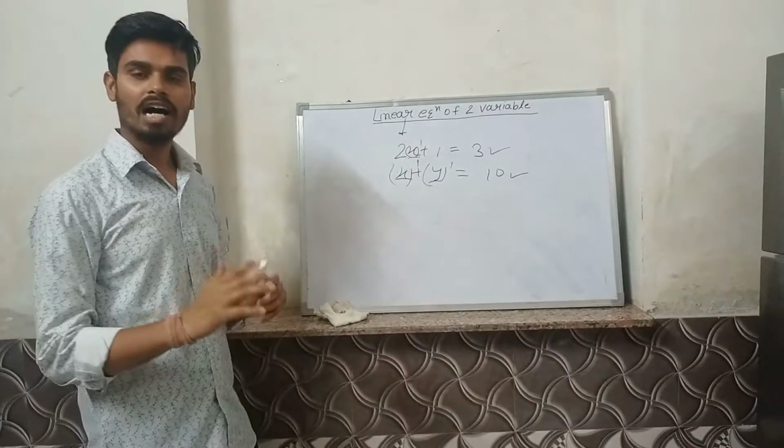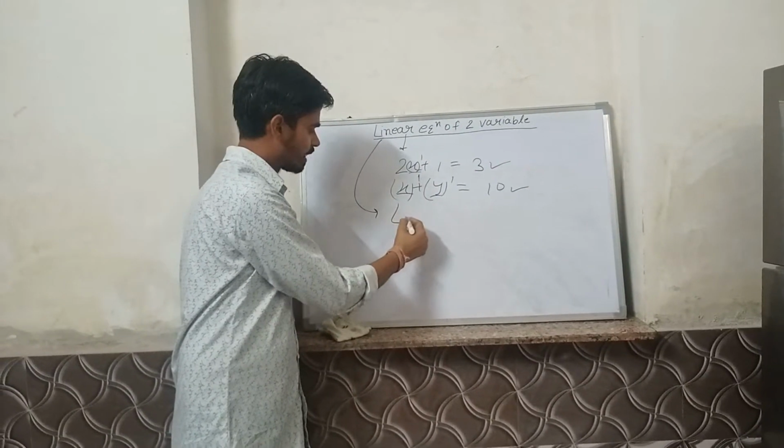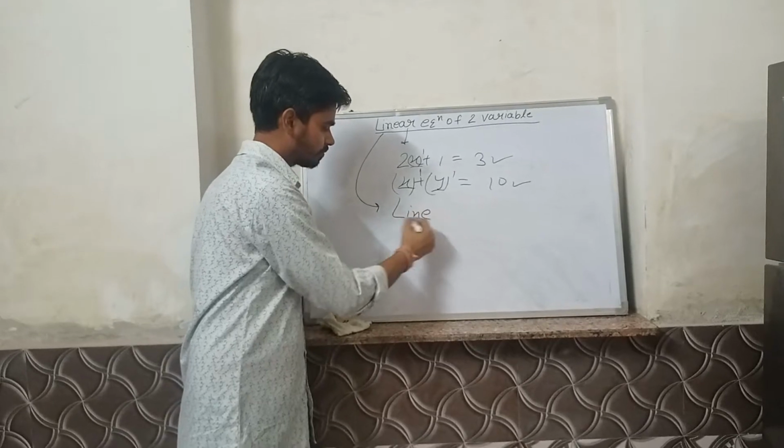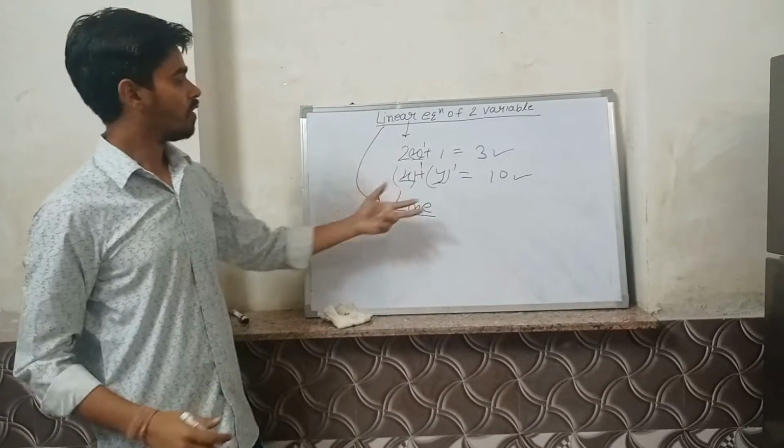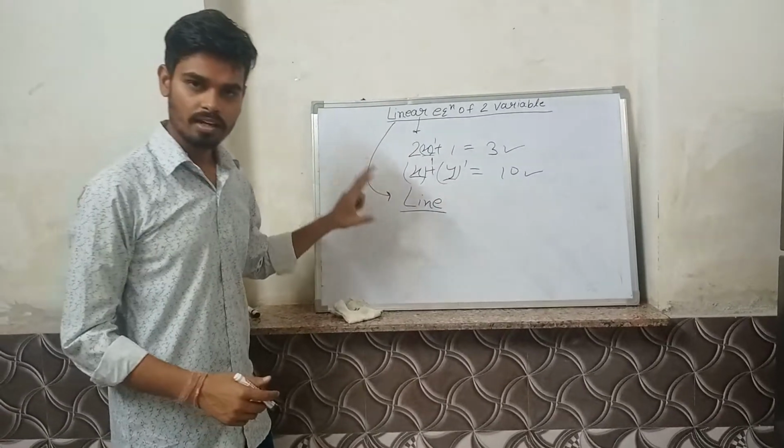a linear equation always represents a line in a graph. If we demonstrate all the equations in the graph, it's always going to represent a line.